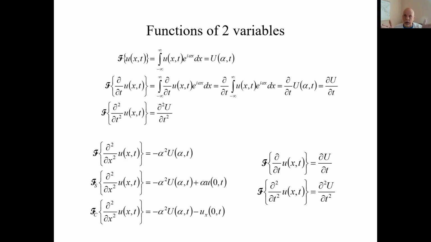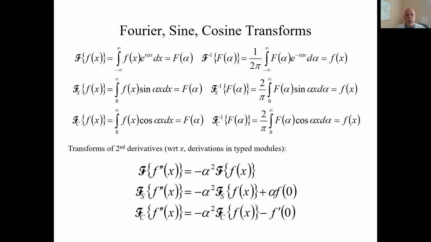That will lead to an ordinary differential equation, along usually with one of the boundary conditions. From there, you use algebra and another boundary condition, which gives you a transform of the solution, and then you inverse transform it. Here are the formulas for inverse transform.